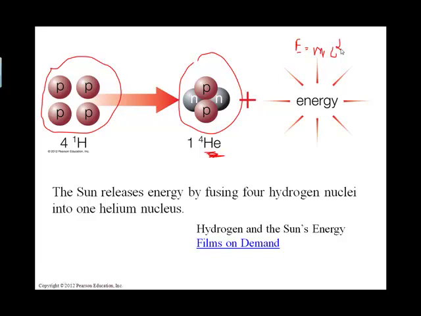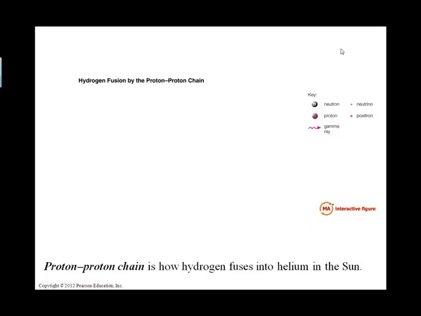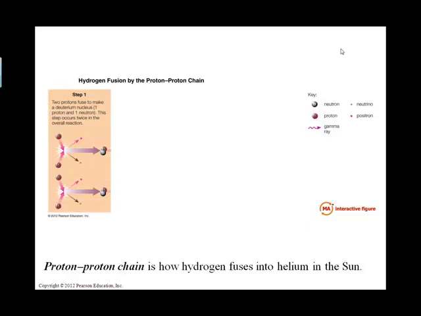Now let's break it down a little bit further. There's something called hydrogen fusion by the proton-proton chain. The net result is what you saw before. We're going to talk more about this later, but this is a neat little figure that shows you particles that are released.